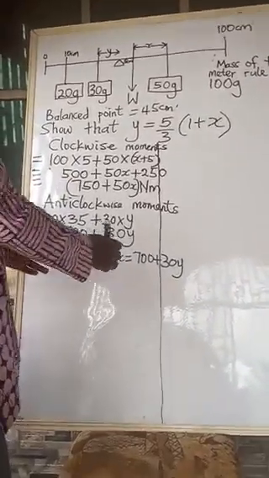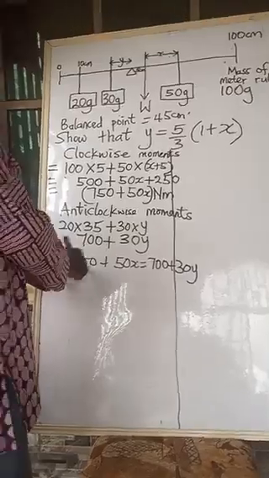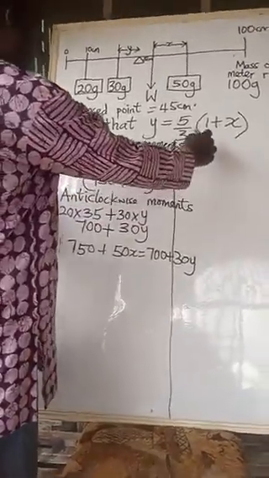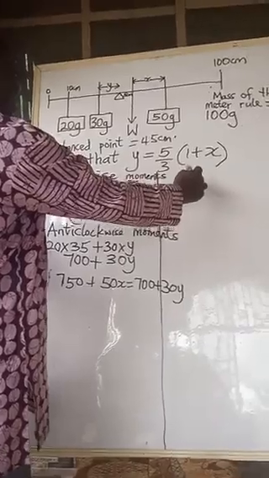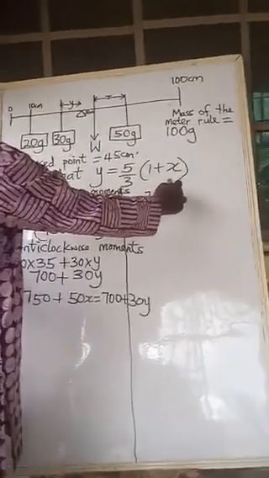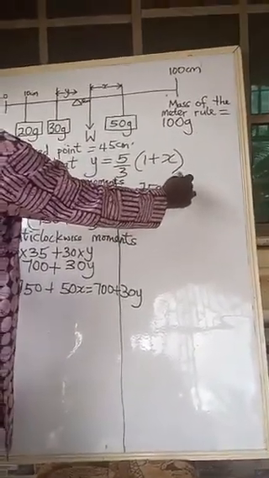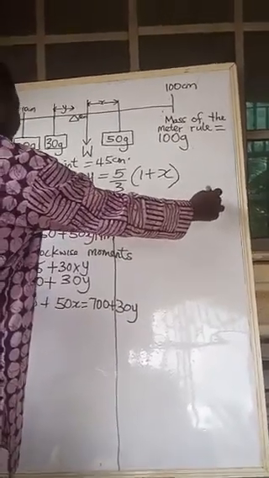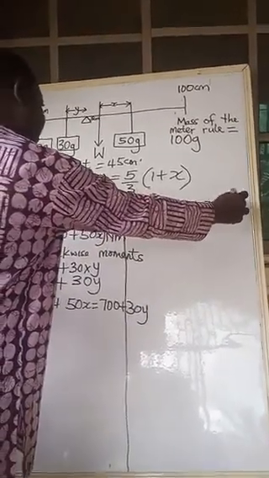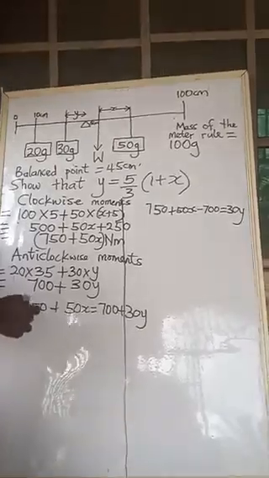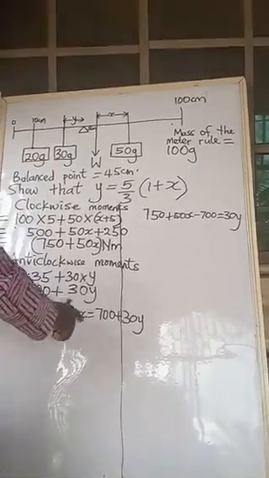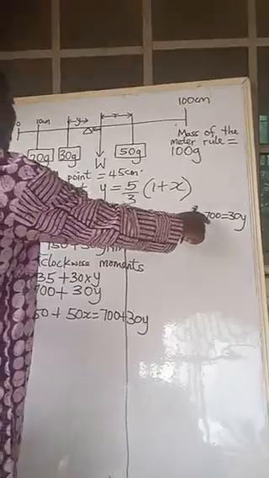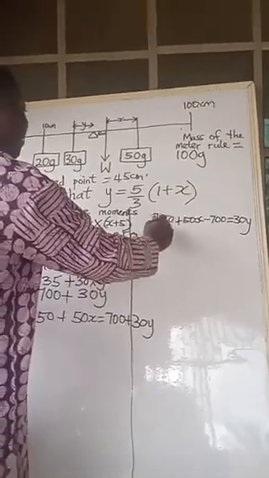So now I want to bring 700 to this side so that we will be left with just 30y. Now if I do that, I will have 750 plus 50x minus 700, and that is equal to 30y. Now 750 minus 700, that is 50.